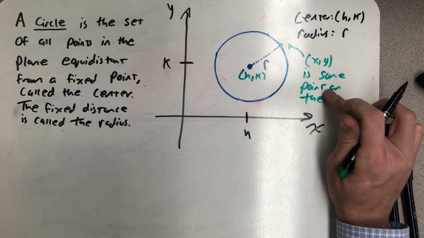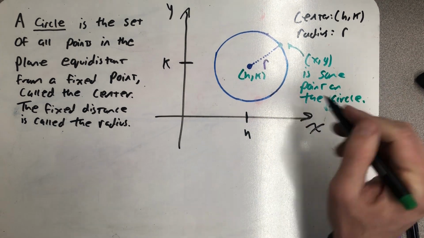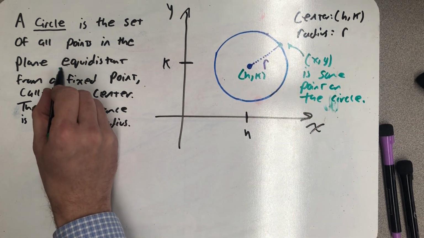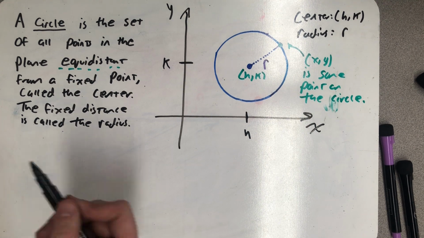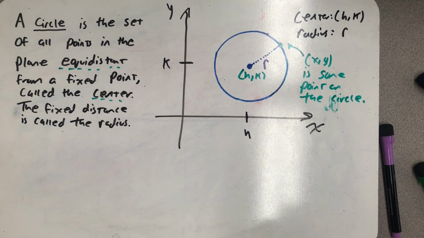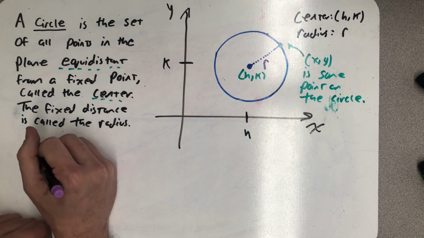And I'm going to use this to come up with an equation for the circle. Because I know that all of the points on this circle are the same distance, equidistant from the center. They're that distance r. So I could imagine thinking about what the distance formula says in this case.